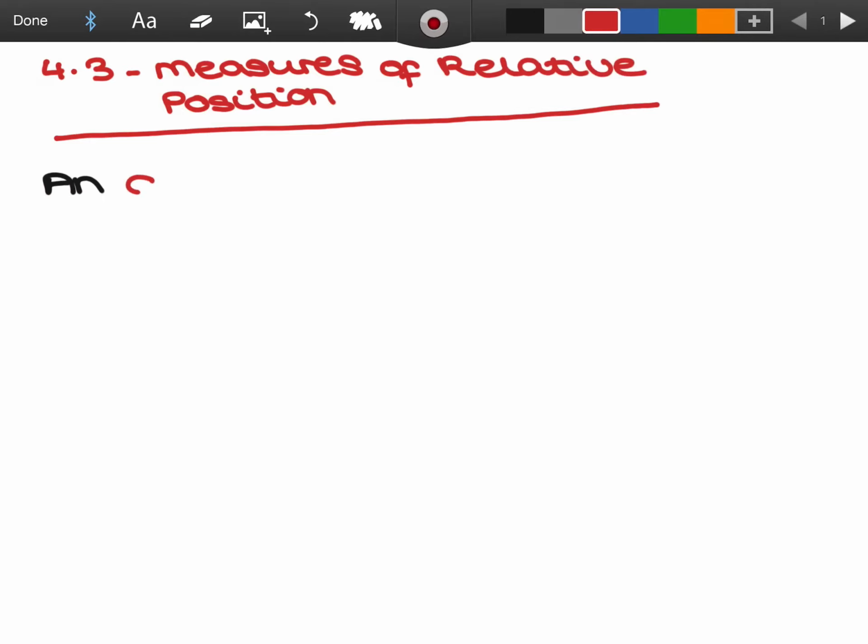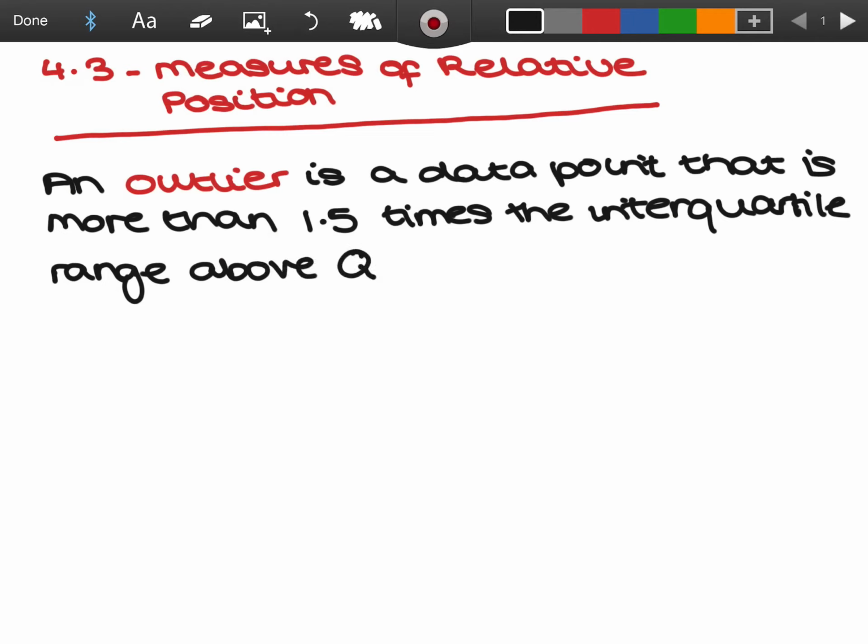So an outlier is a data point that is more than 1.5 times the interquartile range above Q3 or below Q1.